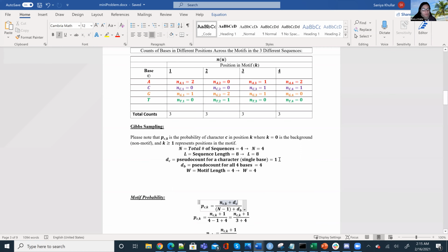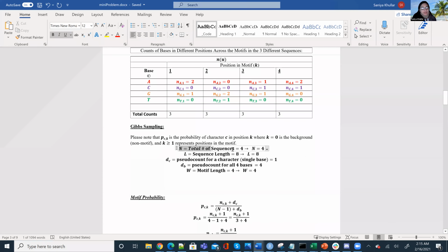So we just add 1 to it. And since we're adding 1 for each base, we also add 4, so 1 plus 1 plus 1 plus 1, to the denominator. This is something you'll see in natural language processing, for instance, when using naive Bayes to do classification tasks.